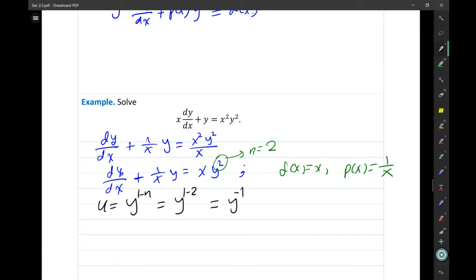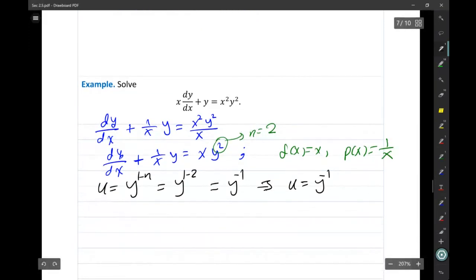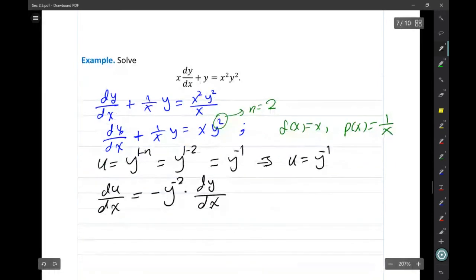So u becomes y to the power minus 1. Now, what's the value of du by dx? It is minus y to the power minus 2 times dy by dx, because you have to differentiate implicitly.